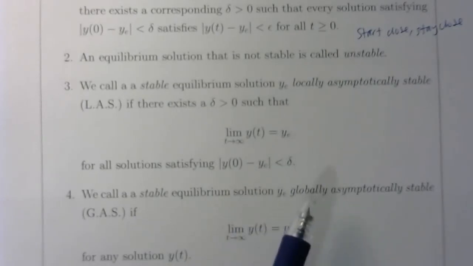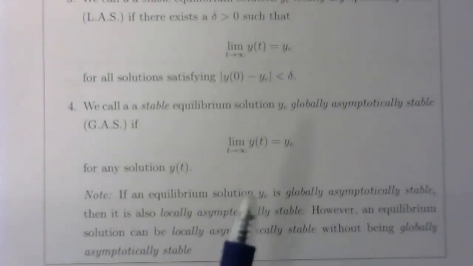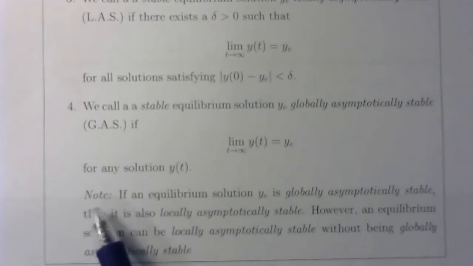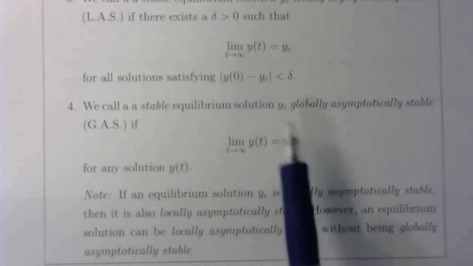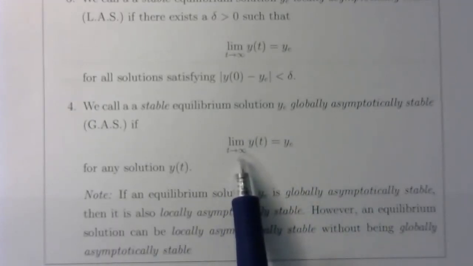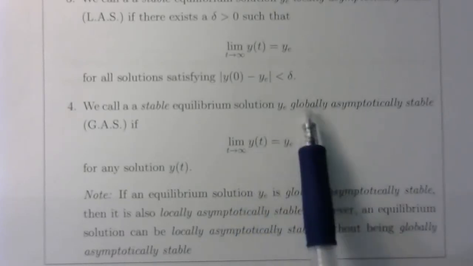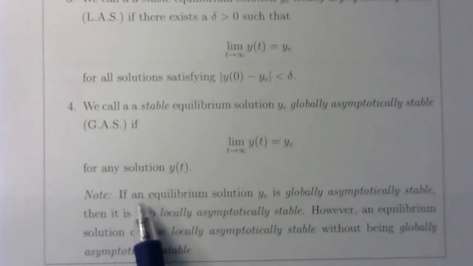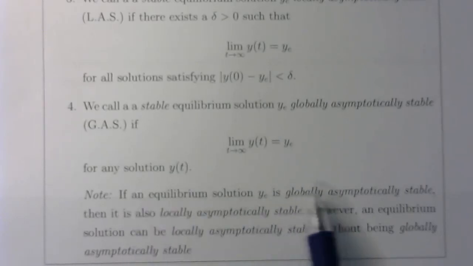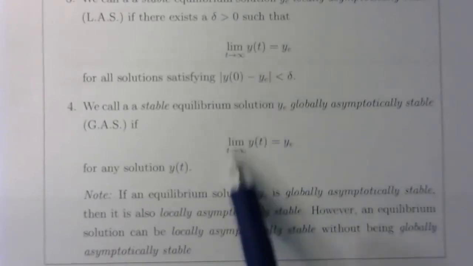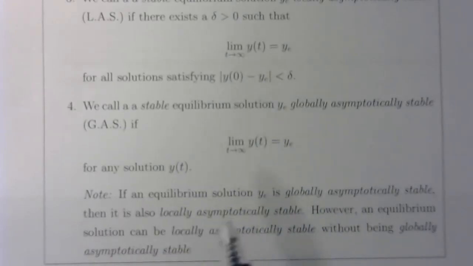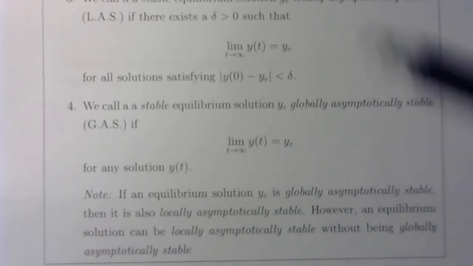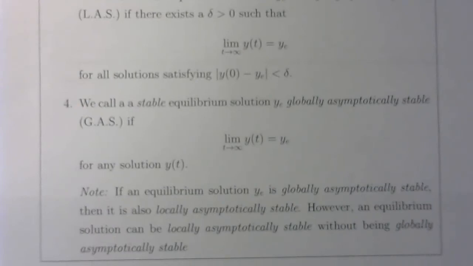Those equilibria that satisfy this are called globally asymptotically stable. So if any solution approaches the equilibrium in the limit as t goes to infinity, it is a globally asymptotically stable equilibrium. Just as a note, if an equilibrium is globally asymptotically stable, hopefully it's clear that it is also locally, but the reverse isn't true, right? Locally doesn't imply globally.